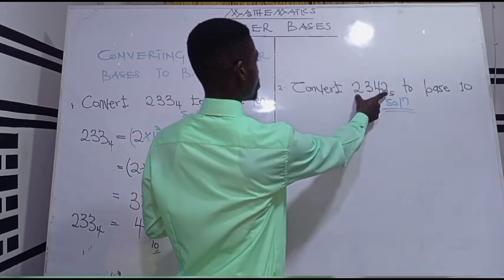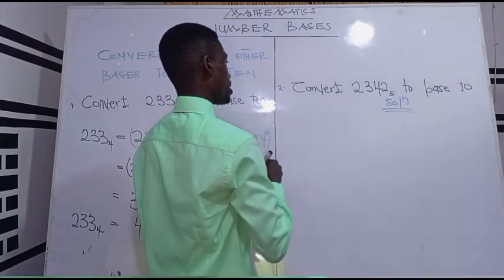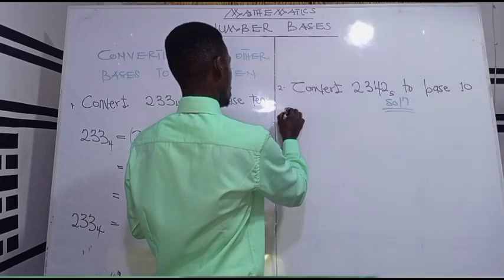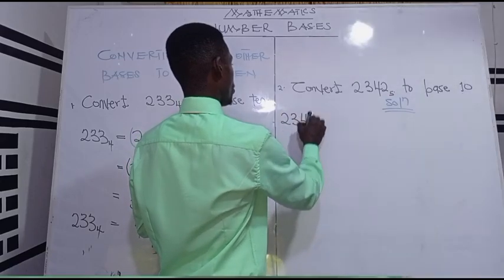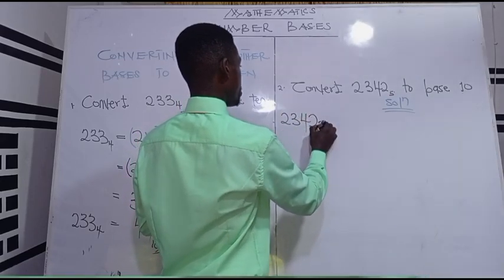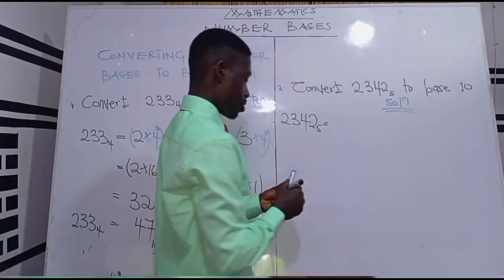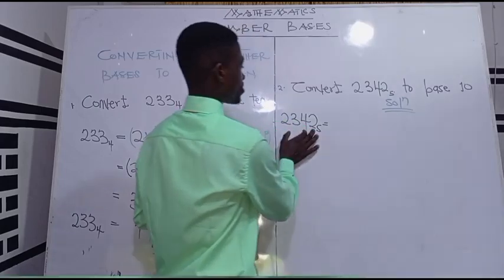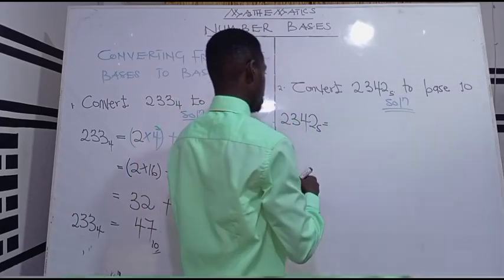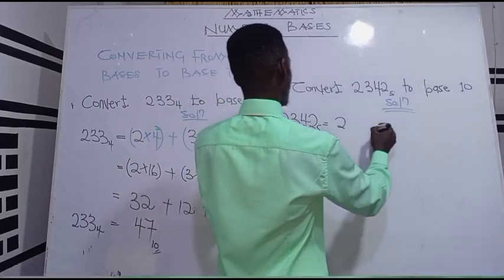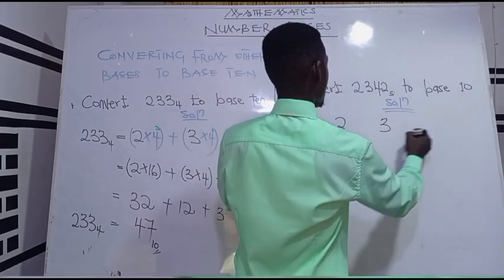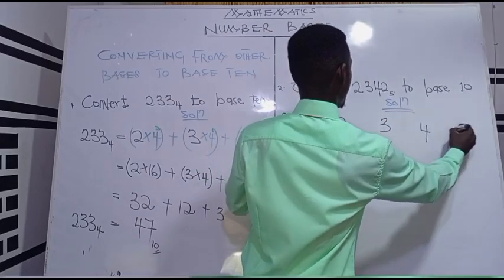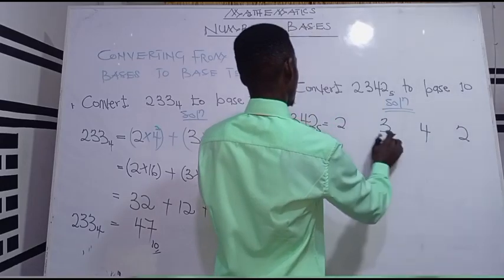So what we are going to do is we are going to write this number here. We are just going to repeat it. So we have 2, 3, 4, 2 base 5. So as I said earlier, we are just going to write this number as written here. So we have 2, 3, 4, and then 2.